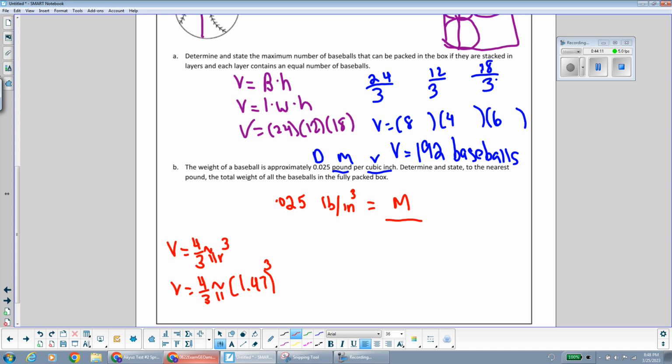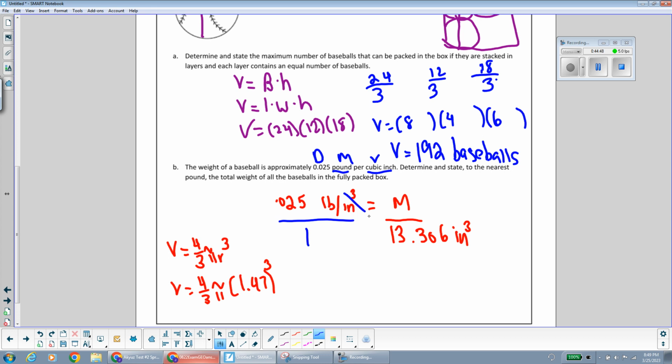4/3 pi 1.47 to the third power. And I got about 13.306. I'm going to leave a couple of decimal places until the very last step, and that is in cubic inches because the diameter of the baseball was given in inches, so our radius is also in inches.